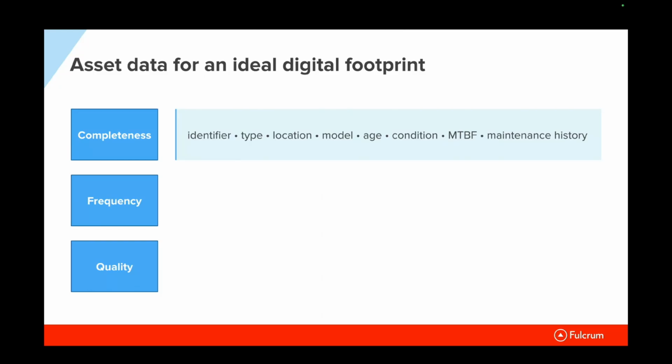And then there are things that are a little bit more general, like what type of thing is this? Because if it's a transformer of this type versus that type, then I'm going to have different maintenance requirements. It has different characteristics and so on. And then there are questions about history. How do I deal with where I've been with this asset and where I'm going with this asset in the future? All of those things fit into the idea of completeness with respect to any of the assets we could be talking about.